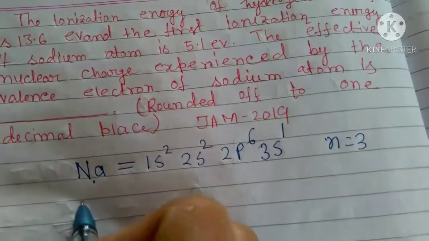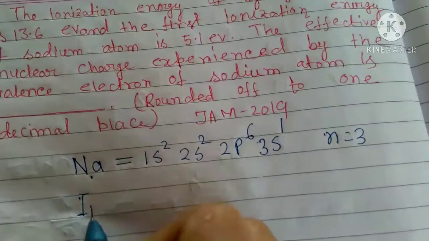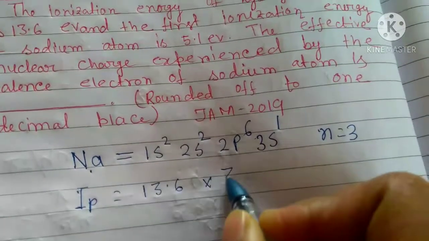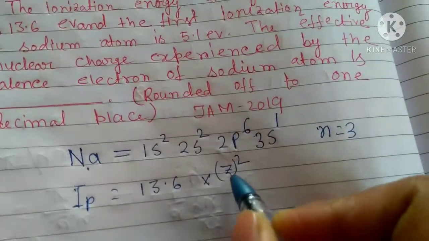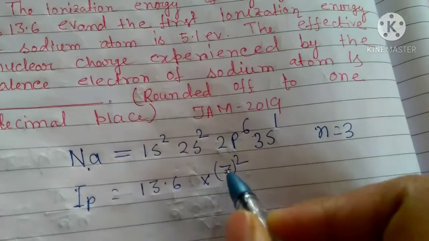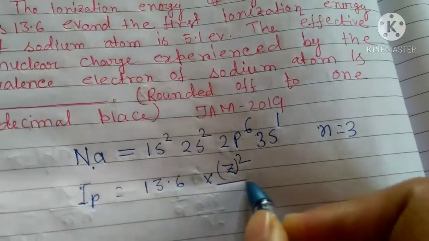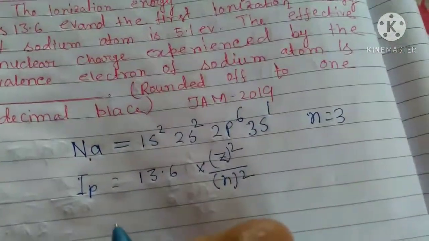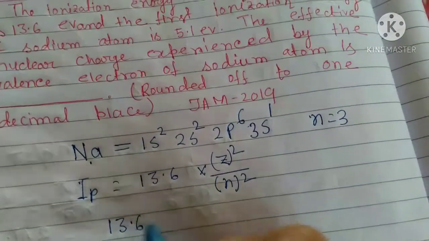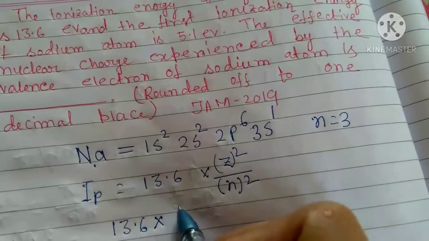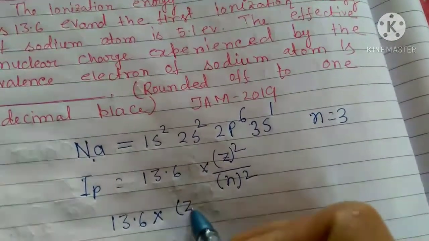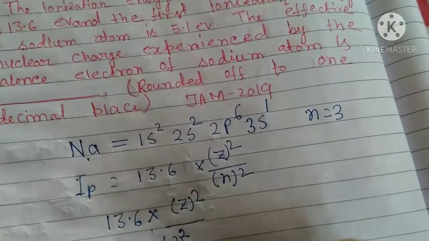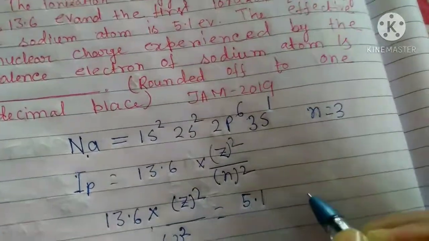Now we know that for a hydrogen-like atom, IP is equal to 13.6 into Z square, meaning the charge of the nucleus square, by n square. N is 3. So here 13.6 into Z square by 3 square is equal to 5.1.